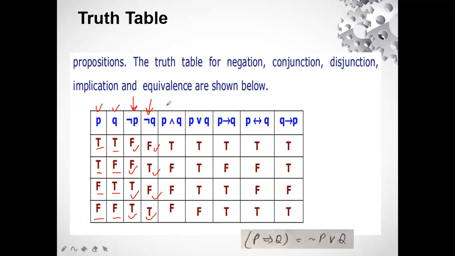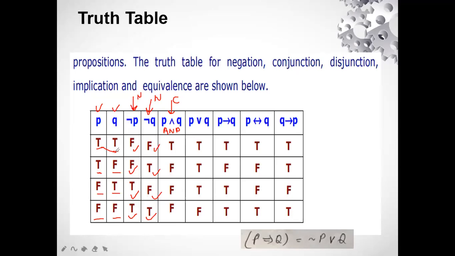Now moving further, we have this particular operation called conjunction. This is negation P, this is negation Q, and this is conjunction. Conjunction works in the same way as the AND operator. Let's see how it works. P conjunction Q: true and true will be true.